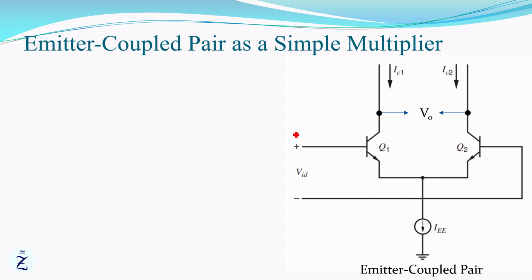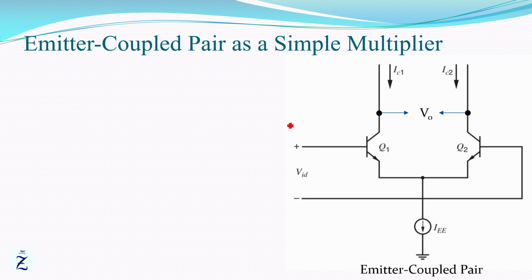Here is a circuit in which two transistors are coupled through their emitters and connected to a constant current source. Input voltage VID is applied between the bases of the transistors. The positive of the input is connected to the base of Q1 and the negative is connected to the base of Q2.